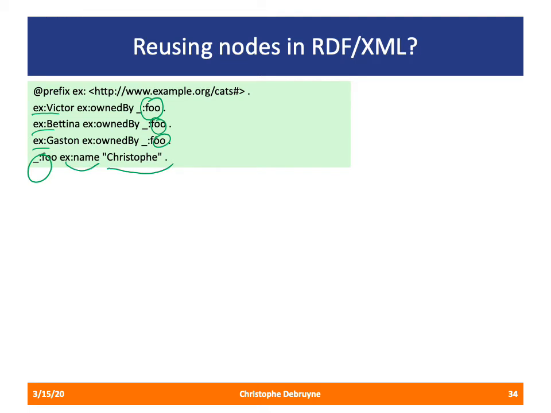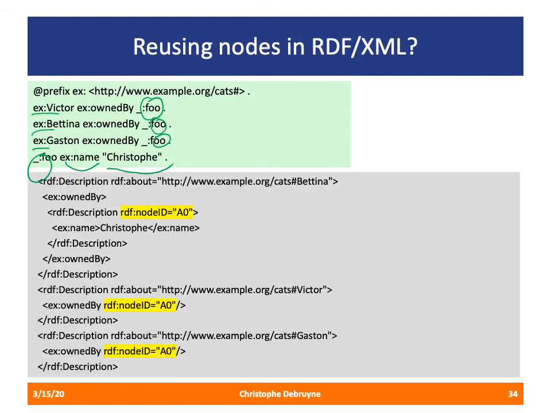Now, in RDF XML, you can also provide blank node identifiers for your blank nodes, and you will be using rdf:nodeID, which is different from rdf:ID in RDF XML. Remember, rdf:ID is used to create named nodes in your RDF XML documents. rdf:nodeID is used to create blank node identifiers.